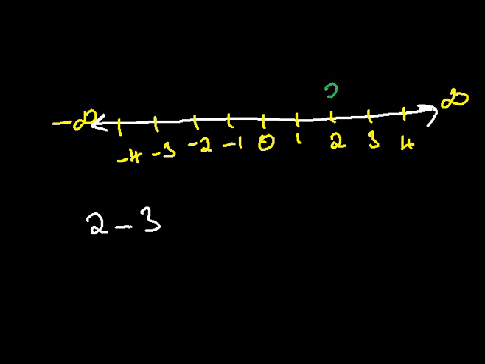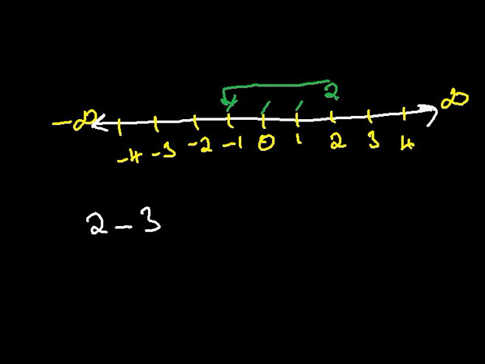And this 3 is a negative, so we are to move 3 steps towards the left of 2. So we have 1, 2, 3. We have traveled 3 steps, reaching this far.